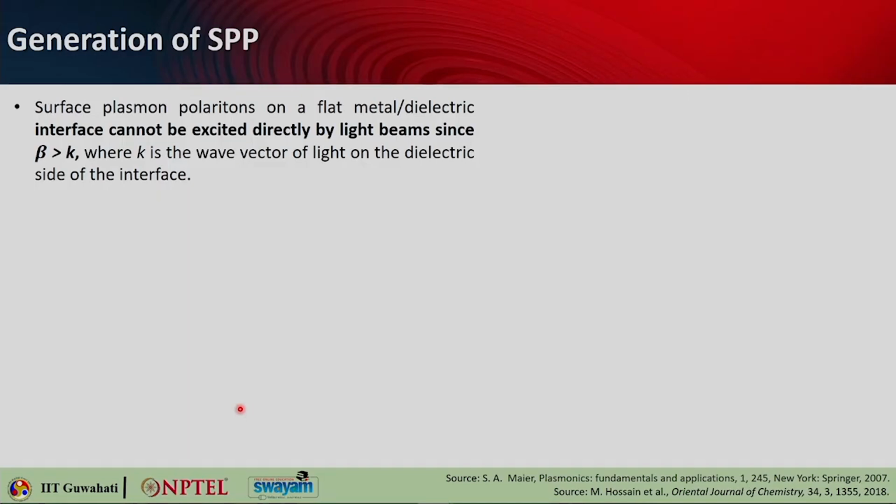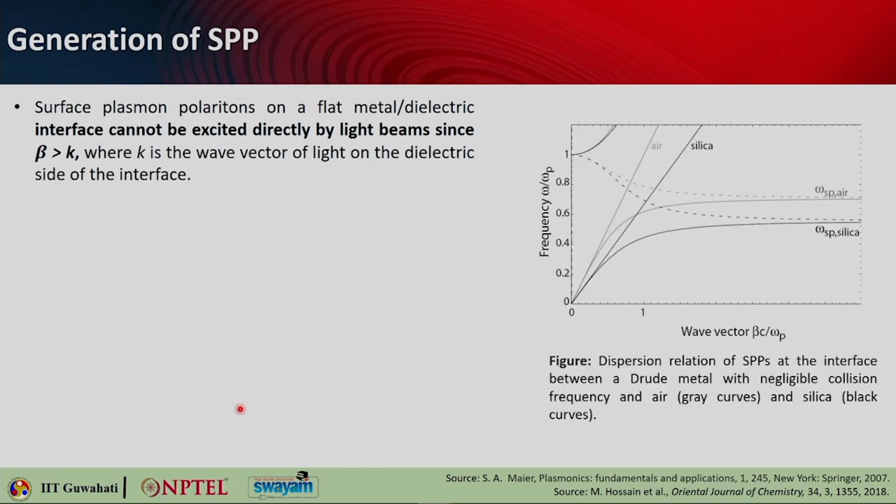So let us look into the generation of SPP. Surface plasmon polaritons on a flat metal dielectric interface cannot be excited. If you remember from the last lecture, we have seen this particular dispersion relation. This is the light line for air, and this is the light line for silica.